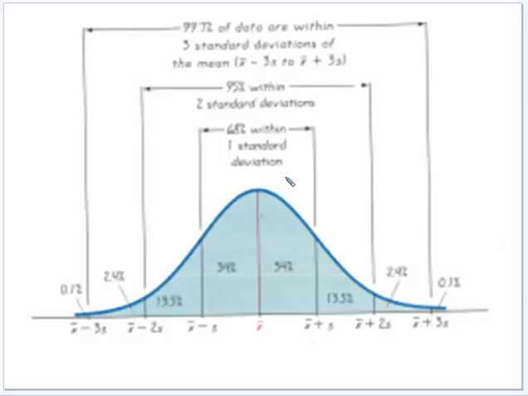There are specific things that happen when we're talking about a standard deviation. So right here, at this point, and on this side also, this line here and this line here, they are one standard deviation from the mean.